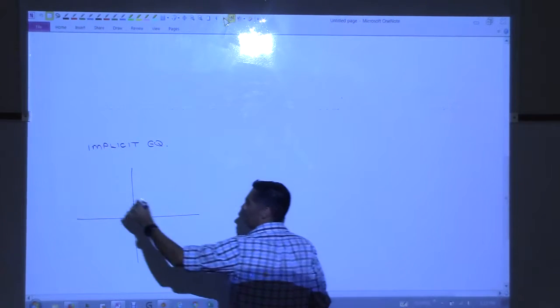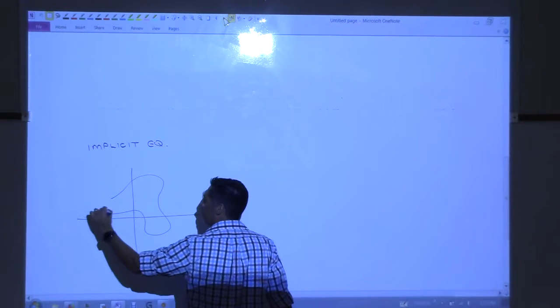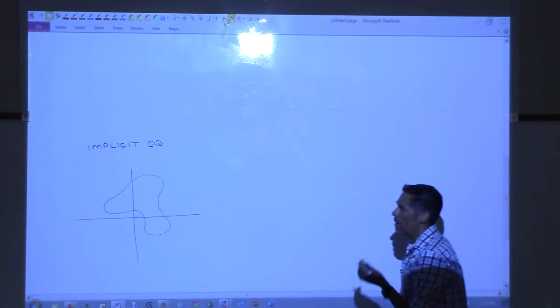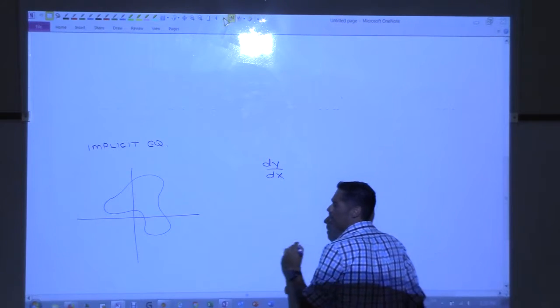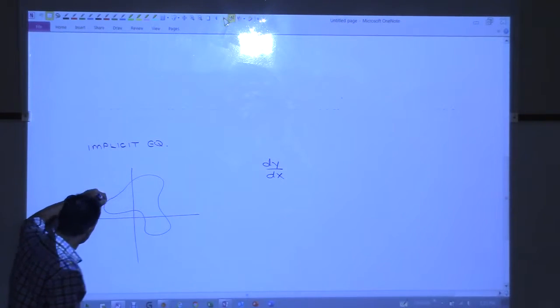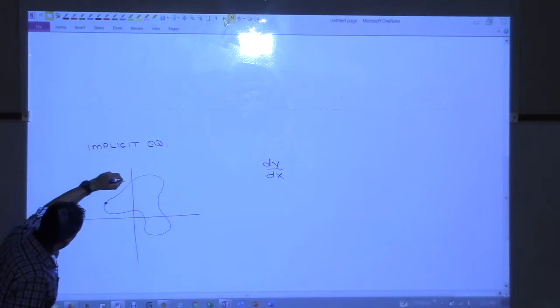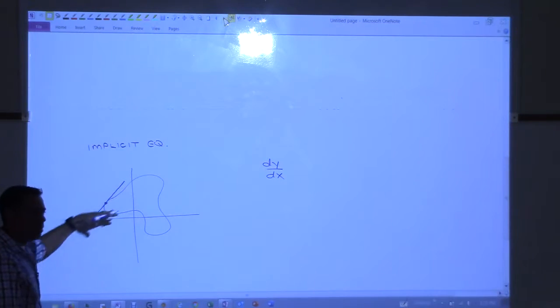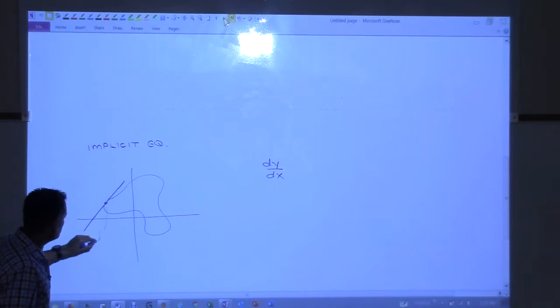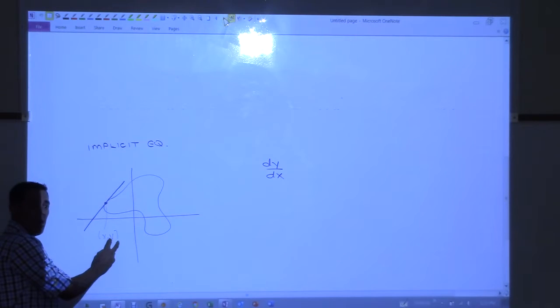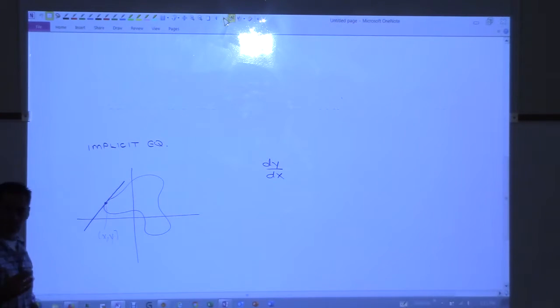Maybe it looks like that. But if you can find dy dx, then you should be able to go to any point on that curve and still find the slope of the tangent line, so long as someone provides you not just x, but x and y of the point. So let's do an example like that.